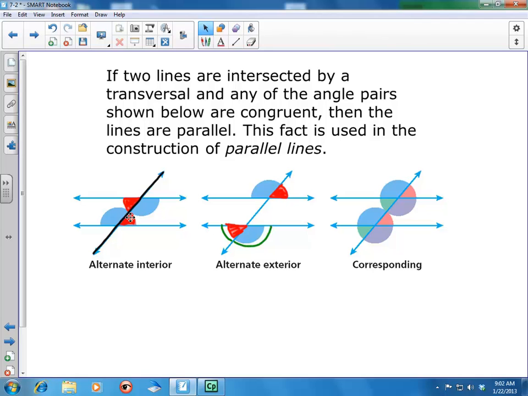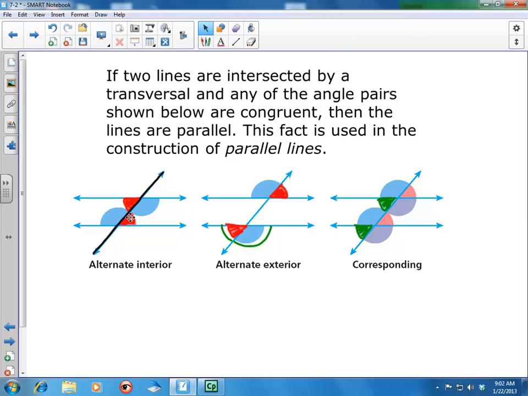All right, and the last thing that we're talking about is corresponding angles. Corresponding angles, remember, are the same angle on a different shape, which is, if you look at your green ones right here, you'll see what I'm talking about. It's one interior angle and one exterior angle.